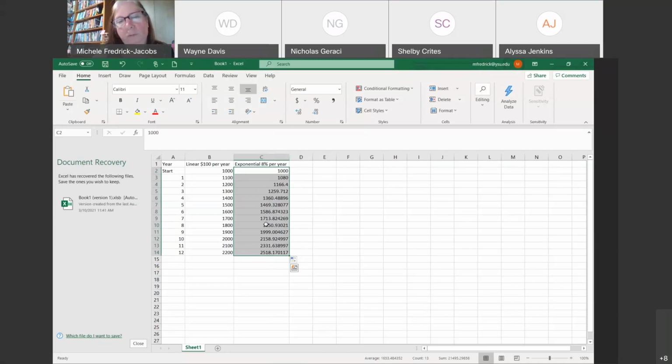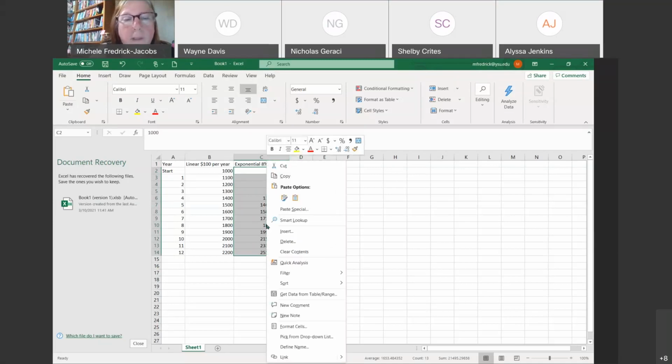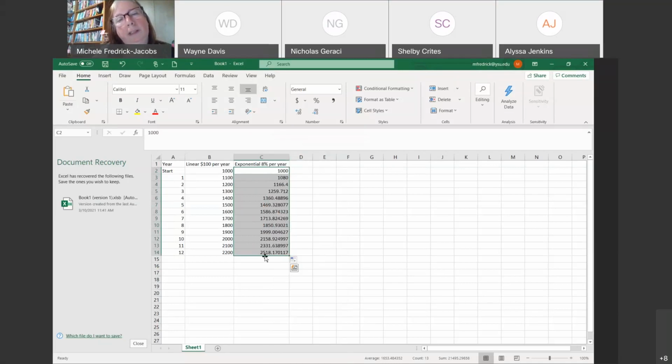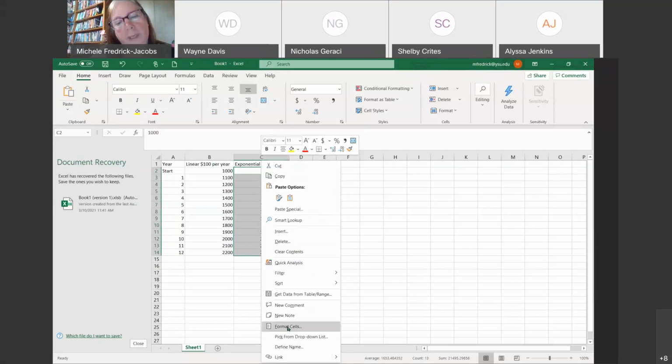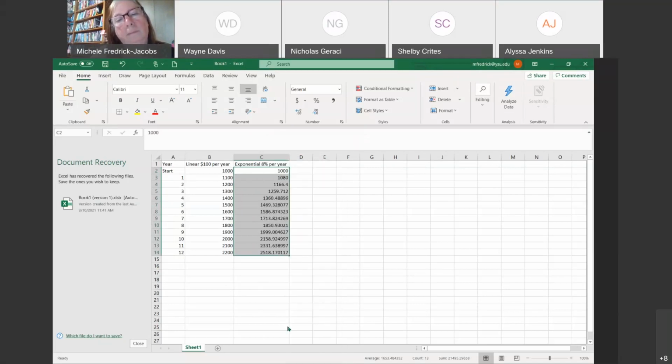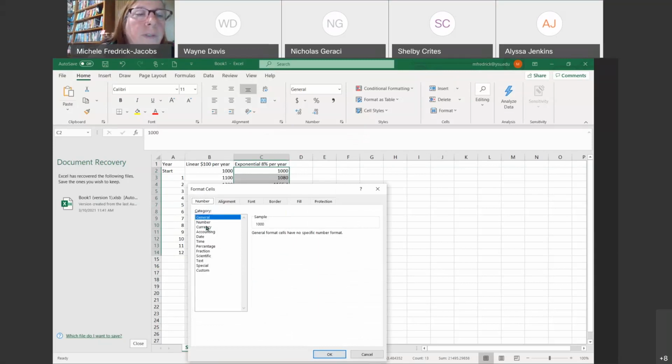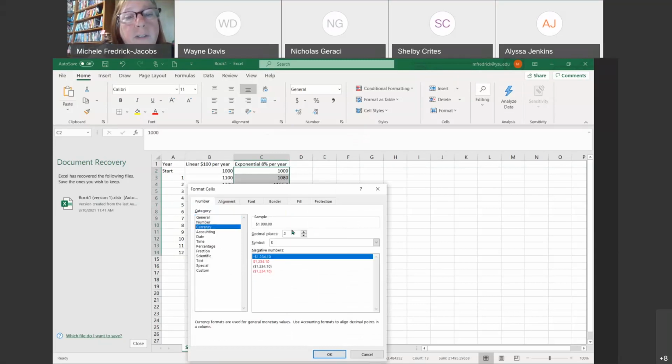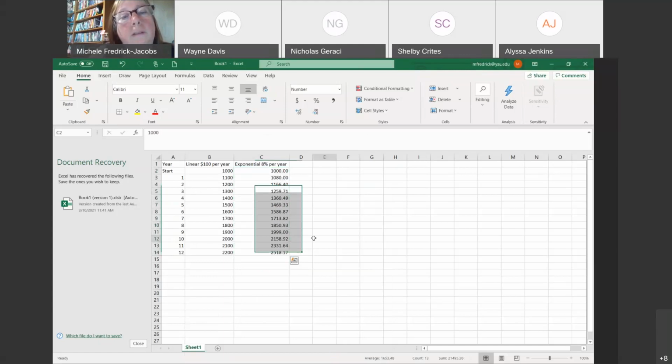And then right click, and it says Format Cells right here. So I highlight it, I right click, and go down to Format Cells. And then you could put currency in 2 decimal places, or you could put number in 2 decimal places. That way then you have your 2 decimal places.